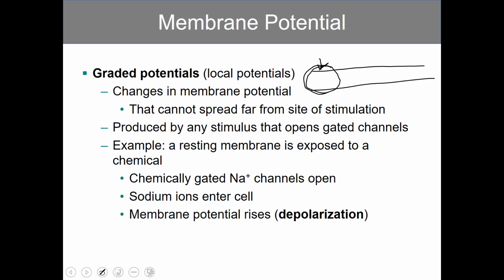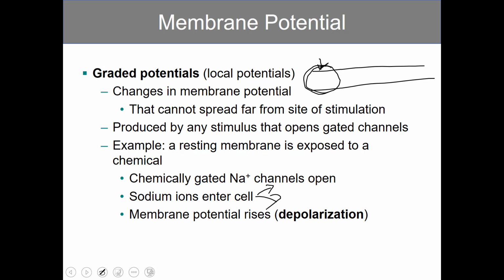Graded potentials are produced by any stimulus that is going to open a gated channel. So you need some type of key, such as acetylcholine, to open a gated channel. And once a resting membrane is exposed to a chemical key, the chemically gated sodium channels are going to open. Sodium is going to rush into the cell. And again, I need to ask, what is driving the rush of sodium into the cell?